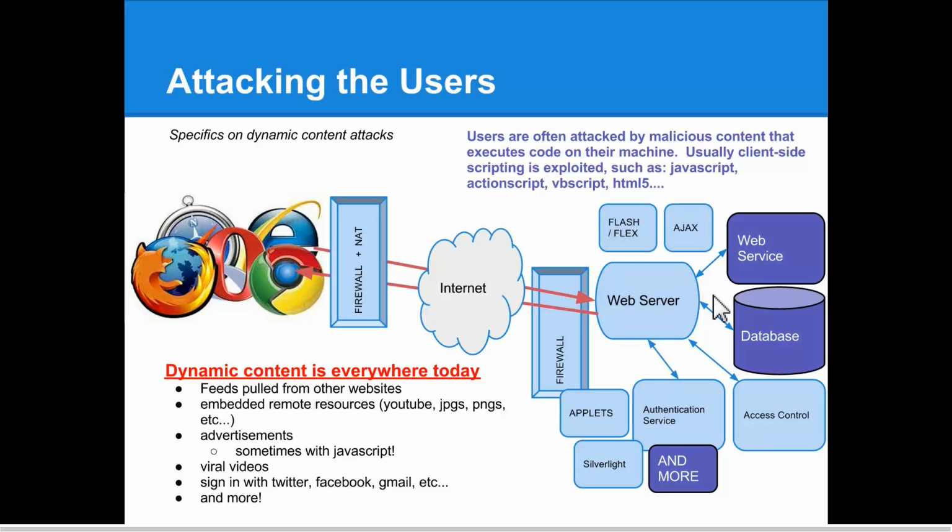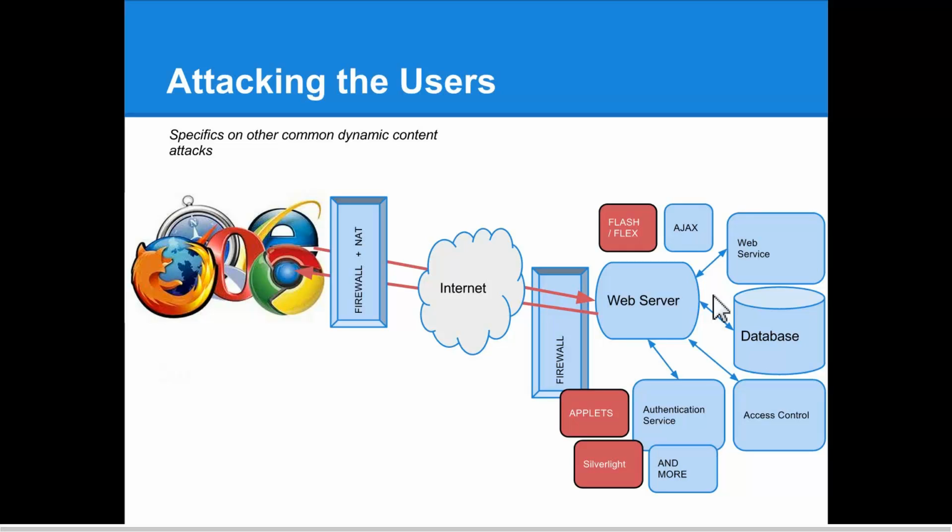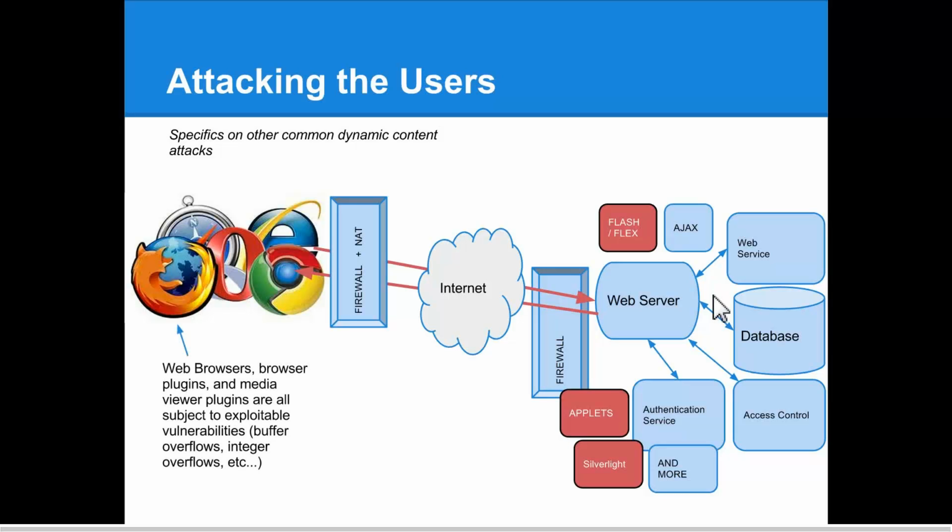If that has a vulnerability, it's theoretically possible for someone to upload a malicious video on YouTube, get people to view it, and infect their machines with malware. Other common vectors include client-side scripting, such as JavaScript and ActionScript.